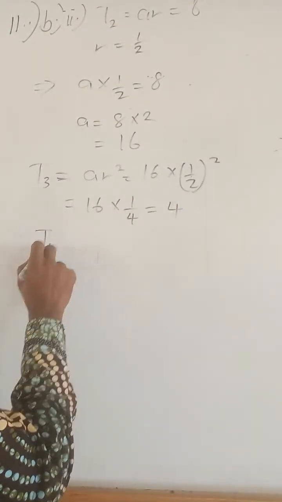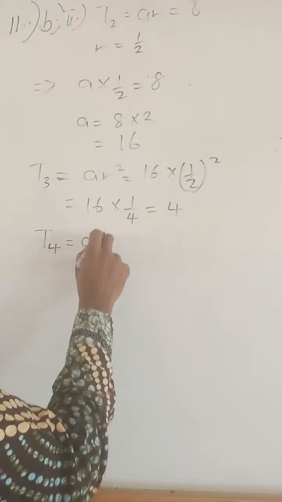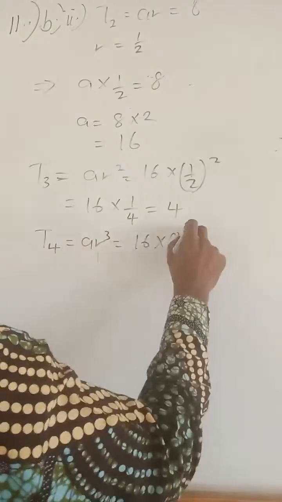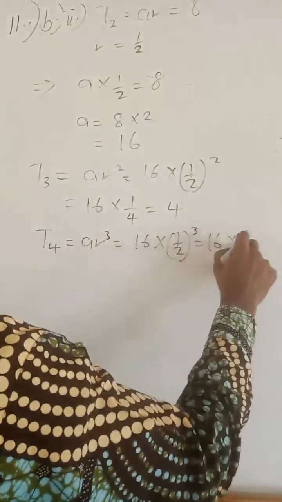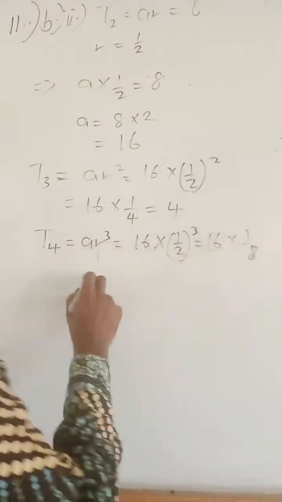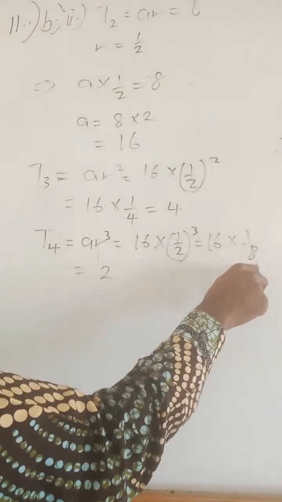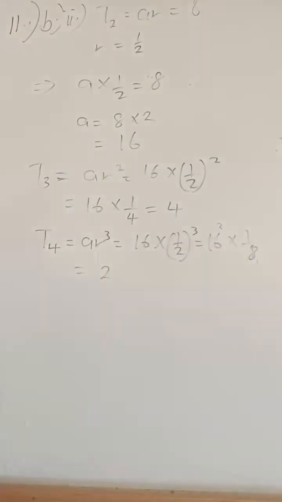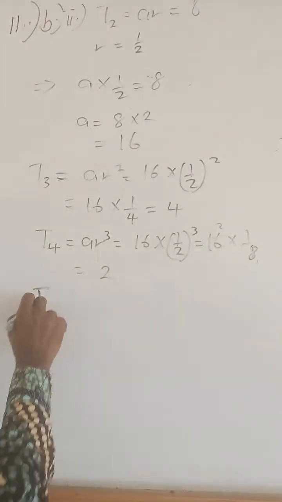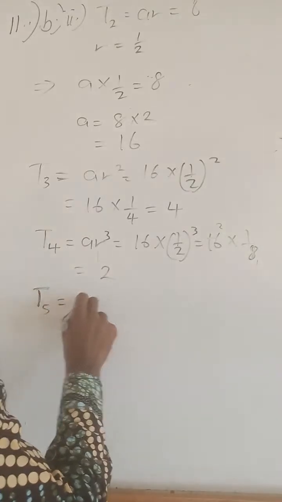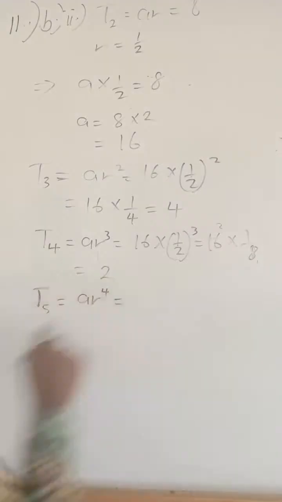The fourth term is ar³, which is 16 times (1/2)³. That's 16 times 1 over 8, and that gives you 2. The fifth term is ar⁴, which is equal to 1.